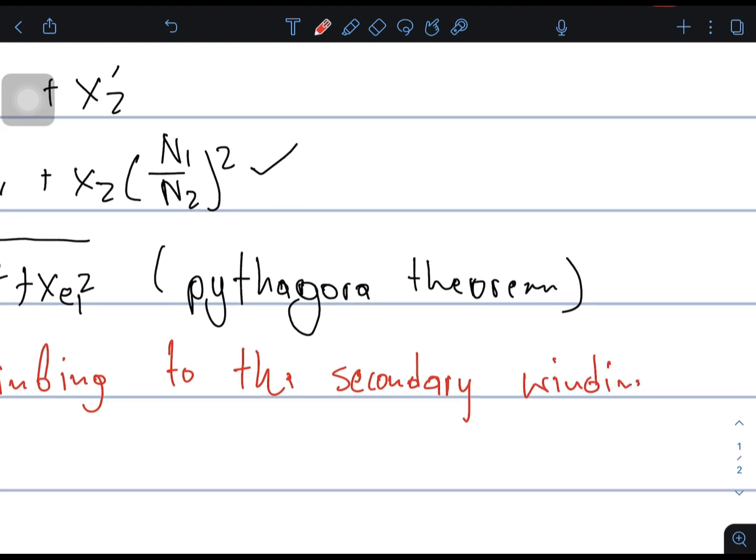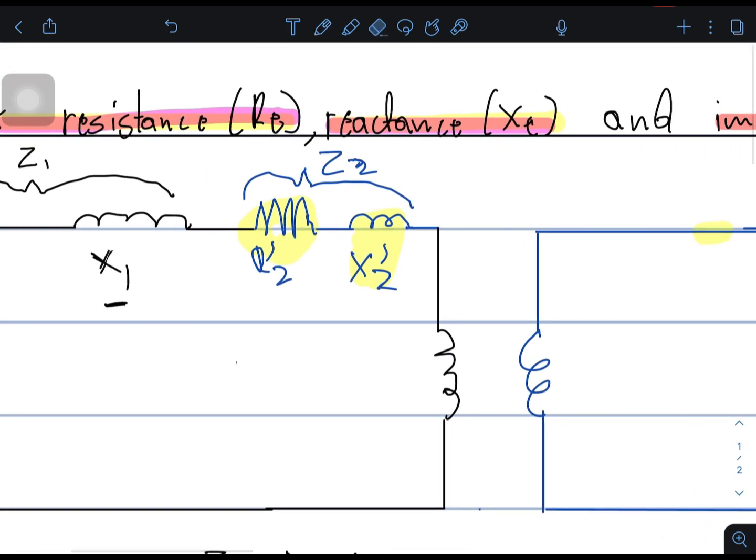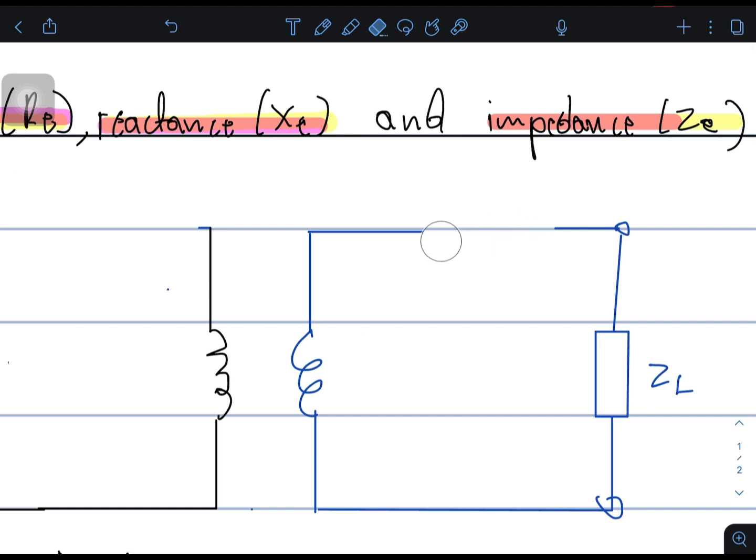You guessed it right. We are taking, let me put back as well, the resistance and the reactance back in their places.